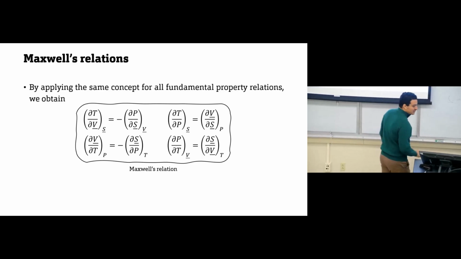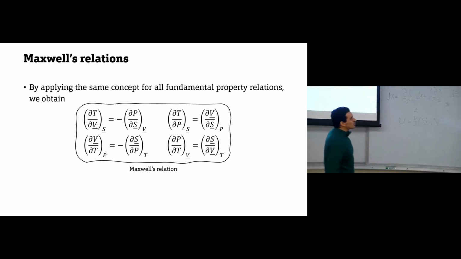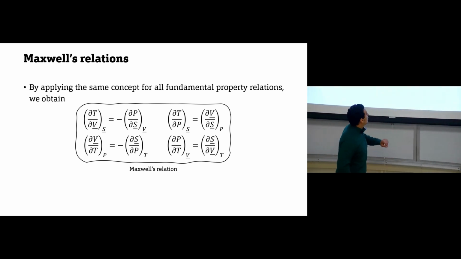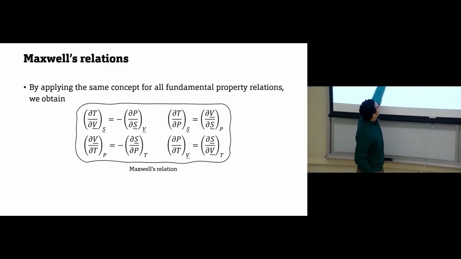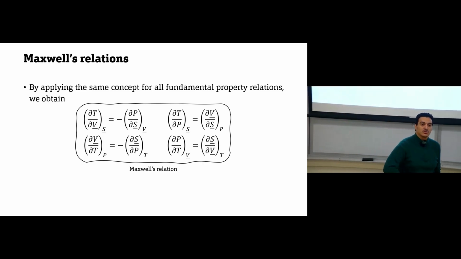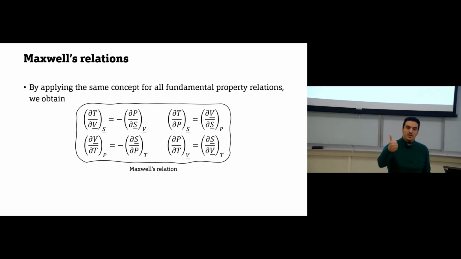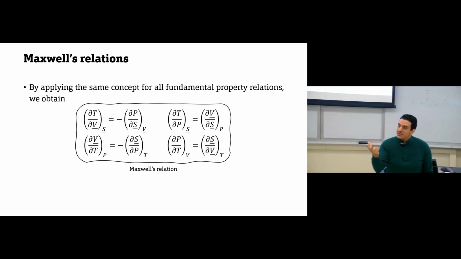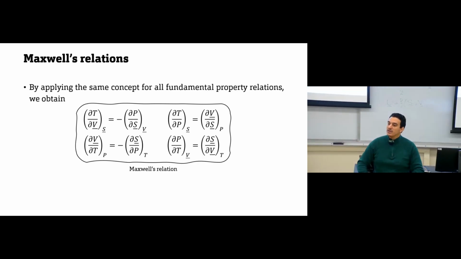And one of the things to keep in your mind is that we always prefer to have partial derivatives containing V, T, and P. These are the three variables we like to have in a partial derivative because we can easily solve it. Because P, V, T, these three variables are combined together in the equations of state.